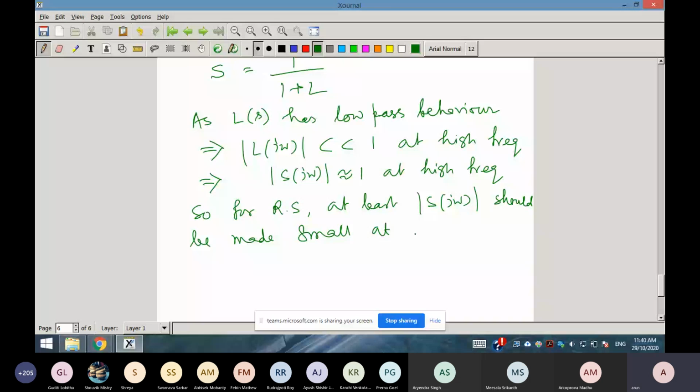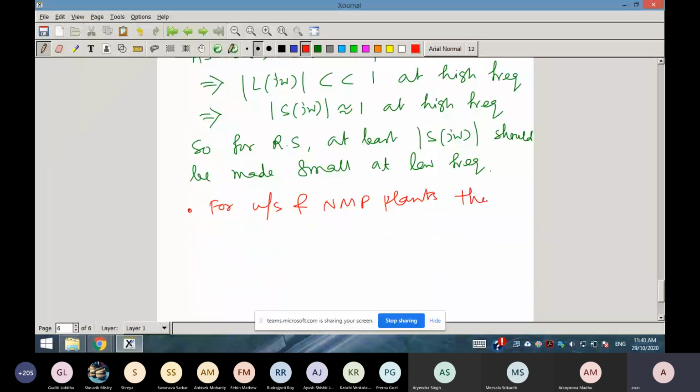But one important point: for unstable and non-minimum phase plants, there is always a peak in the mod S(j omega) plot. That you cannot avoid.